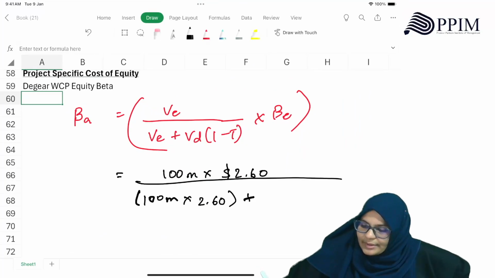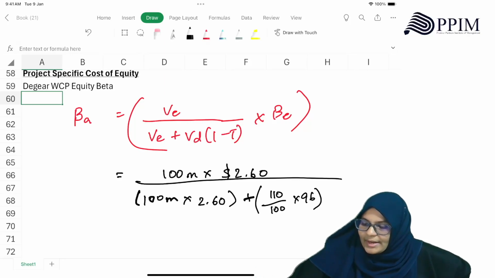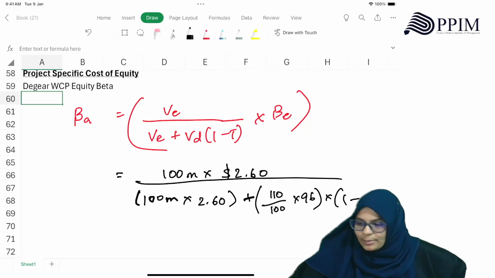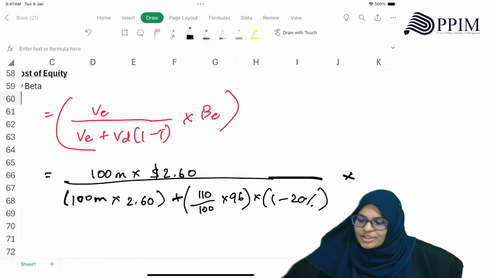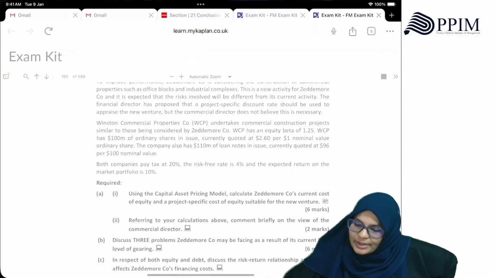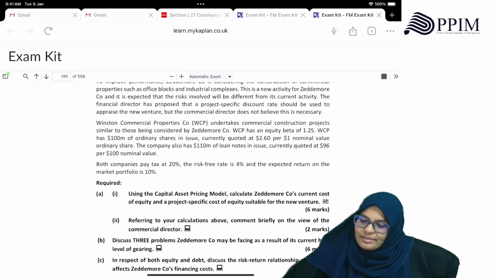So that will be 110 divided by 100 into 96. Then I have to multiply it by 1 minus the tax rate. Tax rate is 20%. Then this whole fraction I'll multiply by the equity beta of WCP company, which is 1.25, given to me in the question.